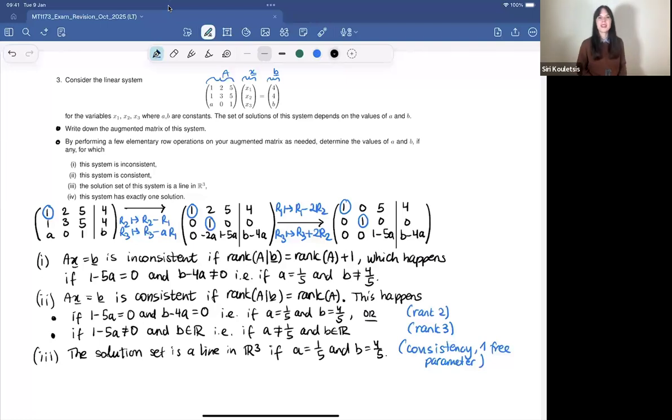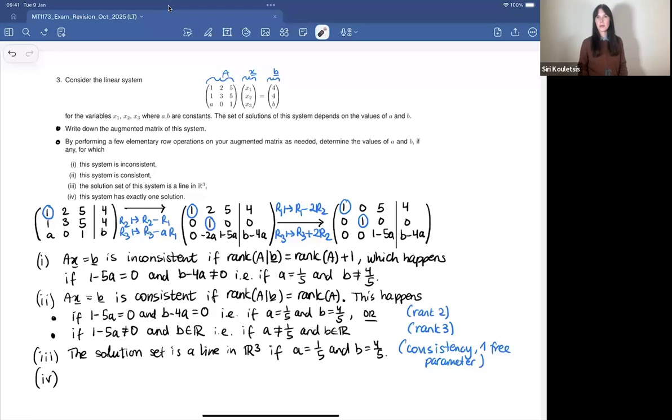And finally, is it possible for this system to have exactly one solution? We see here that we have covered that above as well. When we have consistency and rank 3 here, A is not equal to a fifth, well then this matrix here has full column rank.